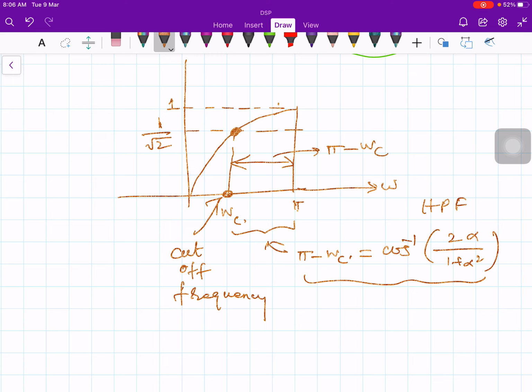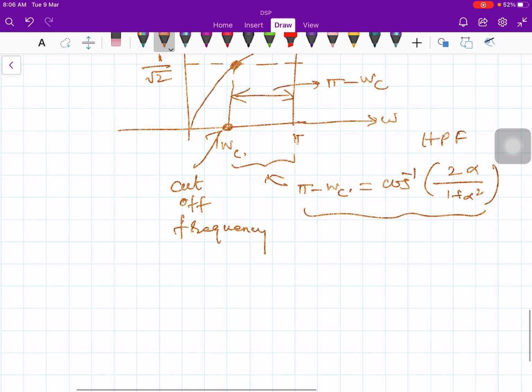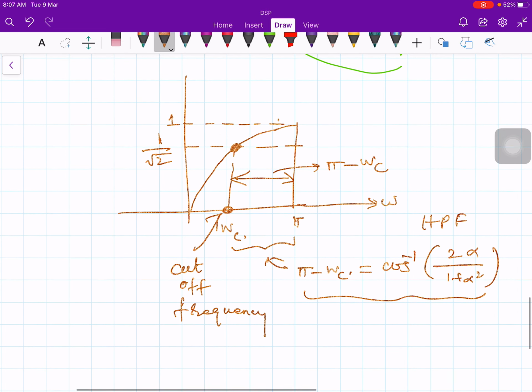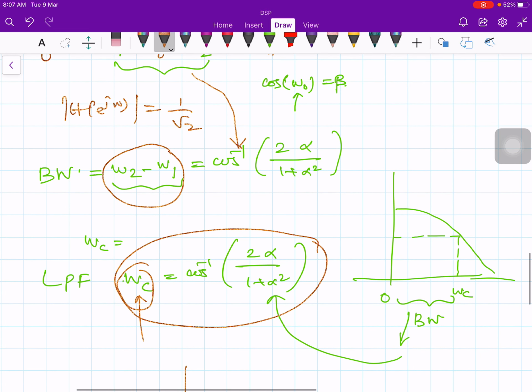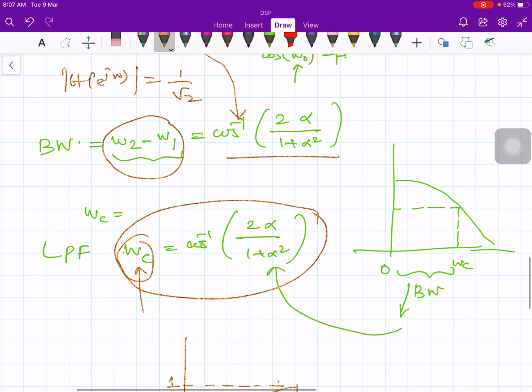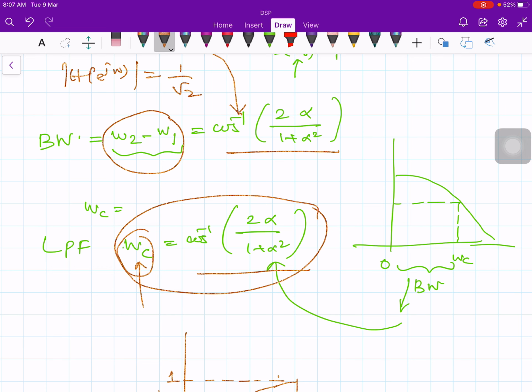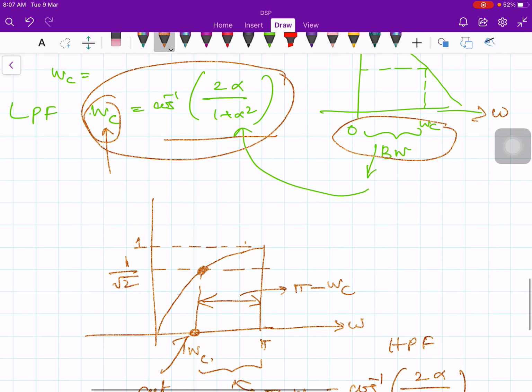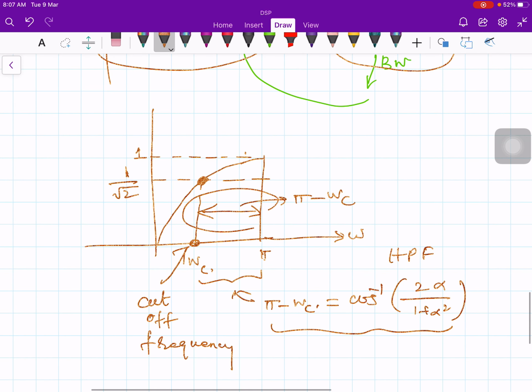That pi minus omega c is again given by cosine inverse of 2 alpha divided by 1 plus alpha square. So whether it is a high pass filter, a low pass filter or a band pass filter, for the case of the band pass filter, this is the formula. For the case of the low pass filter, this is the formula. For the low pass filter, this is how you calculate the bandwidth, and for the high pass filter, this is how you calculate the bandwidth.